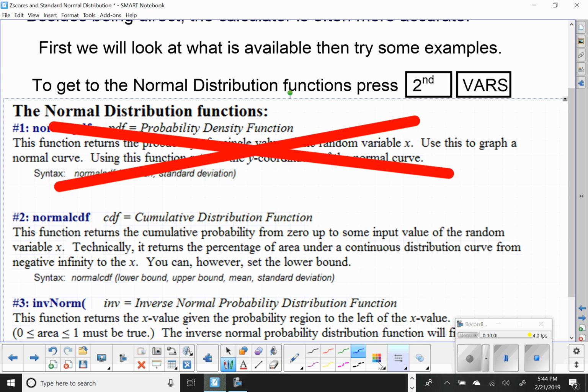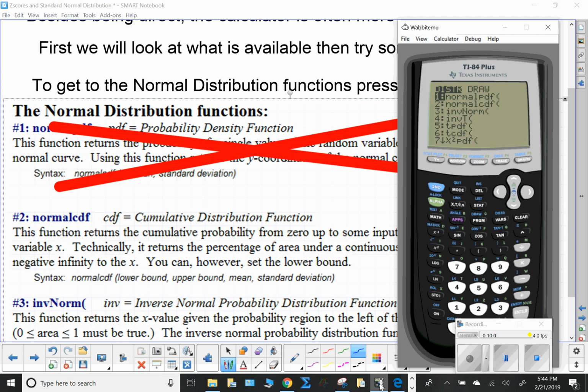And when you do that, if I come down here and I do the normal CDF, it's going to ask me for my lower bound, my upper bound, the mean, and the standard deviation.